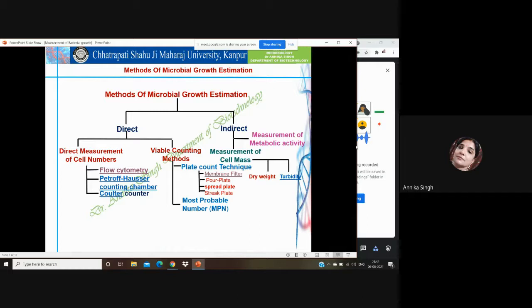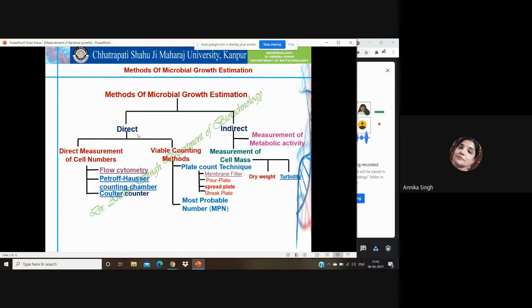As the cells divide and the number of cells increases, the total mass of particular metabolites, for example protein, also increases as the cell number increases. So let's talk about the direct methods of microbial growth estimation.